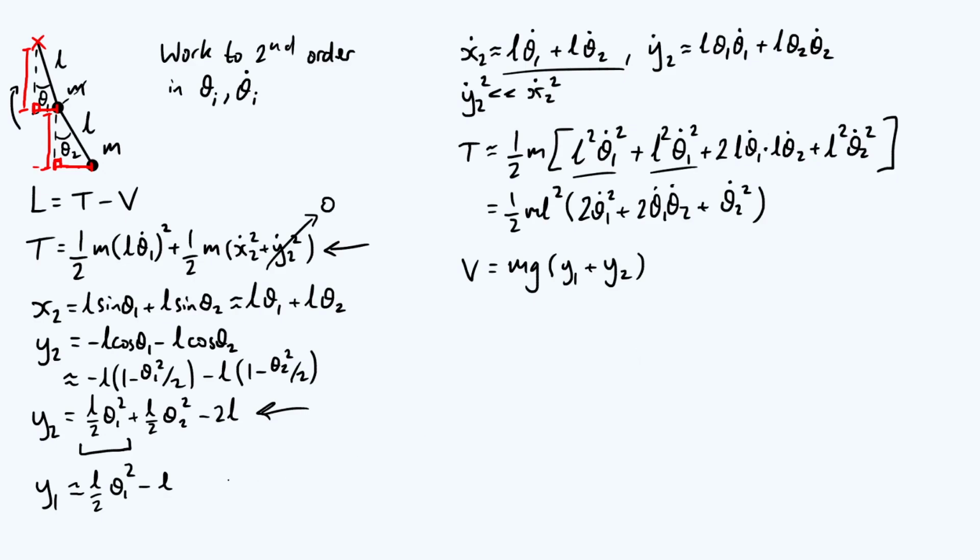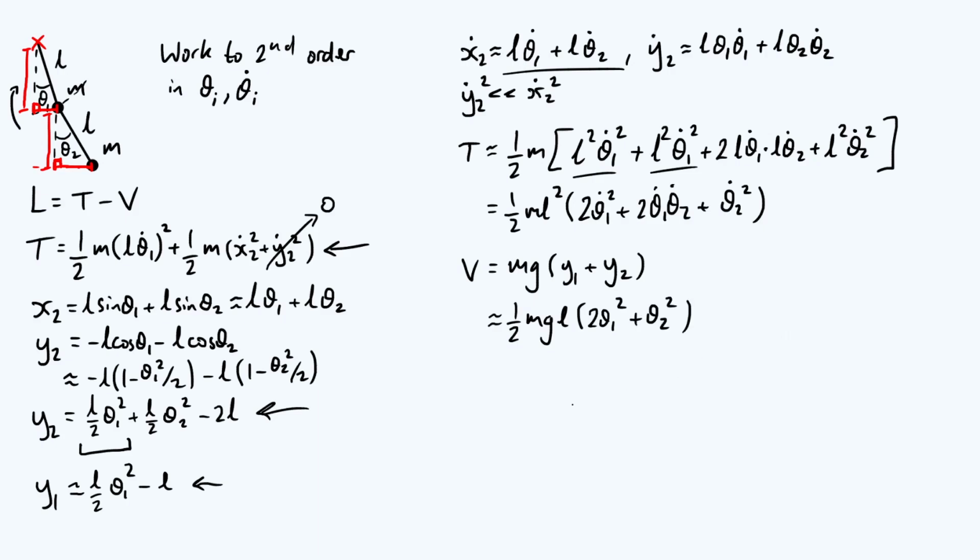So then if I just add together that thing and the y2 expression, which is immediately above it, and collect terms together, you've got 2 of the theta 1 squared term, but only 1 of the theta 2 squared term. So what I'm going to do is write that. I'll take out the factor of a half, take out the L as well, and then write that as 2 theta 1 squared plus theta 2 squared.